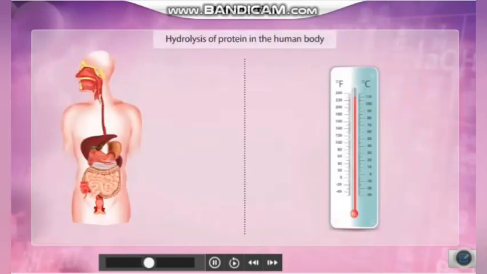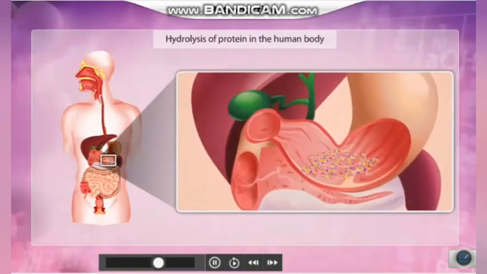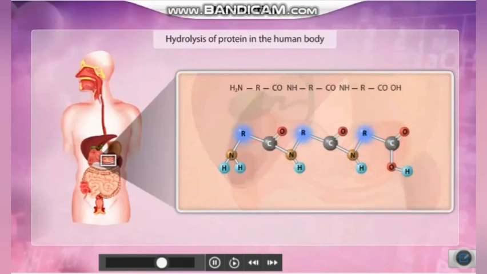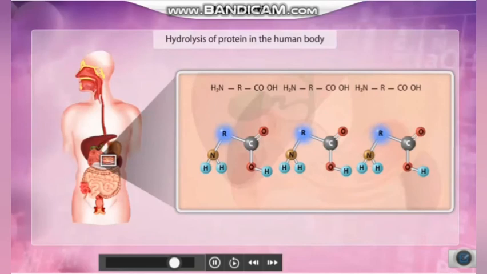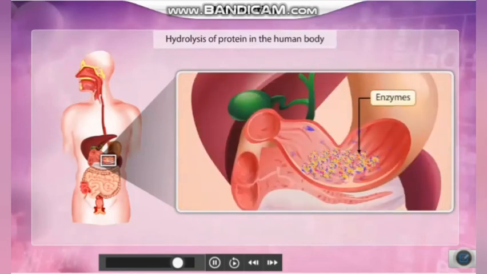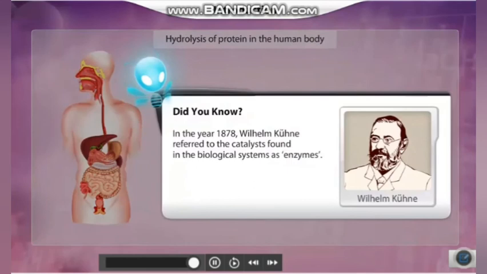Do you know that the same reaction takes place in your body every day at a much lower temperature of 37 degrees Celsius? Within minutes, the proteins in your gastrointestinal tract are broken down into their constituent amino acids. This is possible due to the catalytic action of enzymes. How do enzymes work? Let's find out.